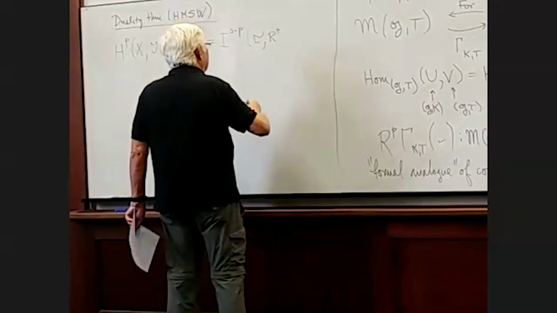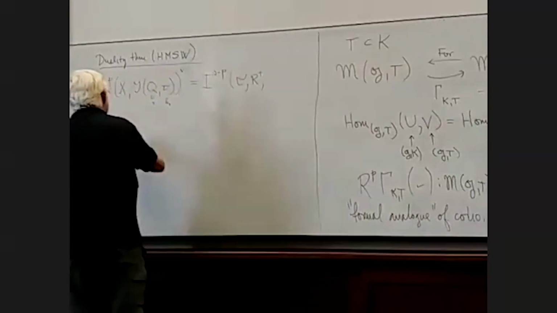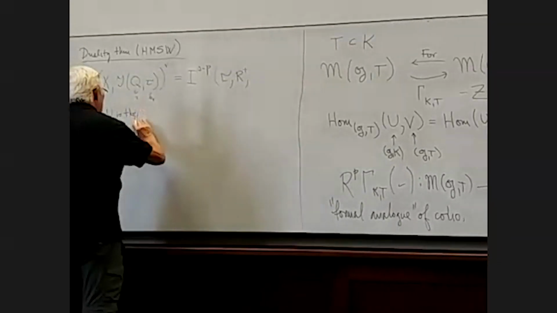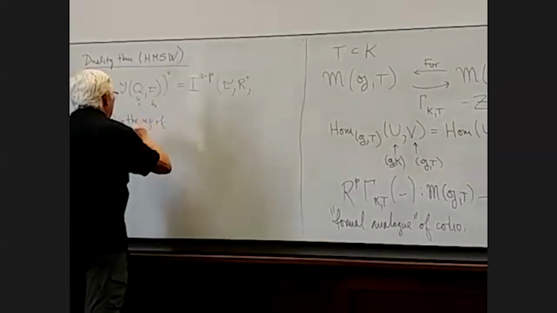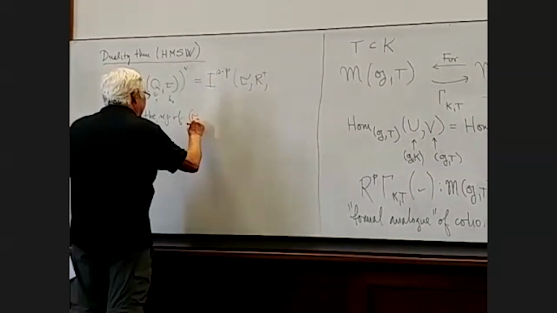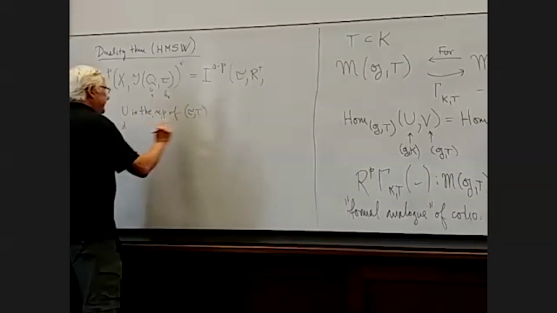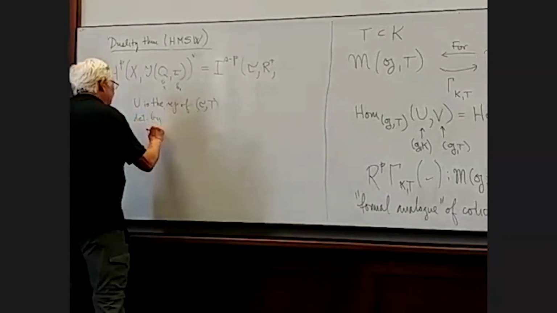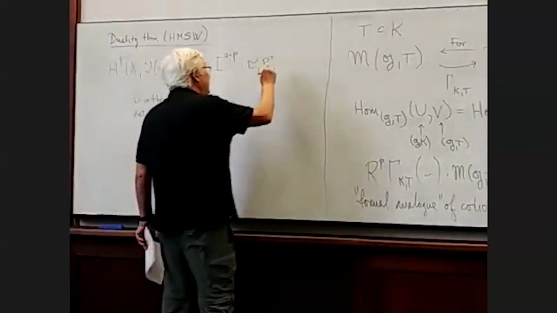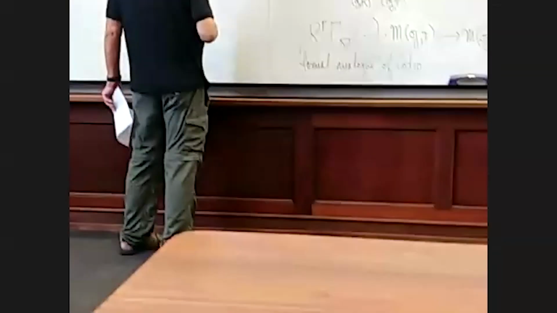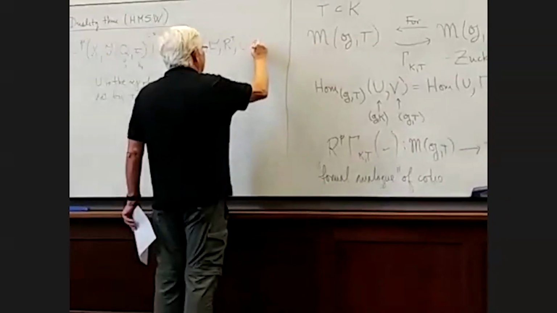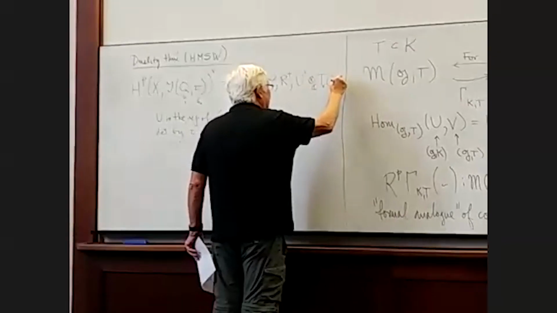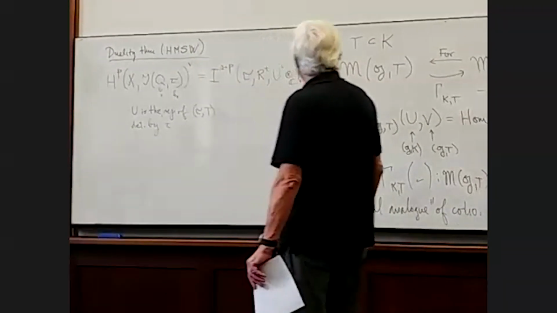So we get U, the representation of C, T, sorry, determined by tau, and then you take its Harish-Chandra dual and tensor over C with the geometric fiber of the canonical bundle on X at that point.